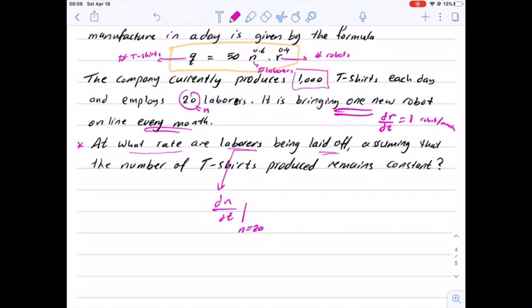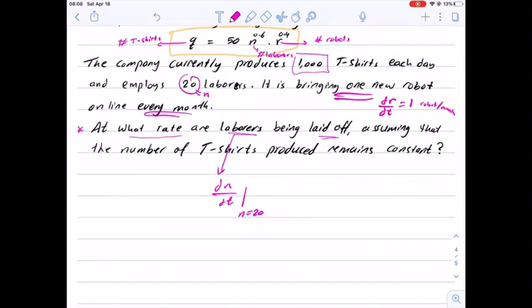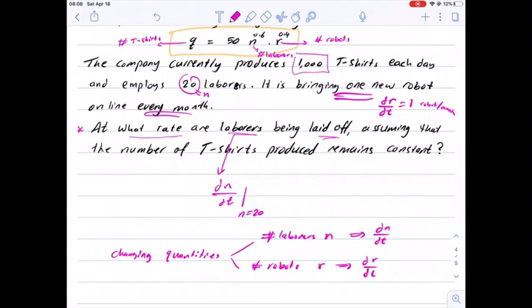Okay, so that's number of laborers. Now, by looking at this problem, we find that the changing quantities are number of laborers, n, so the quantity is dn over dt, and number of robots, so dr over dt is a quantity that's changing over time, and one of them is given.